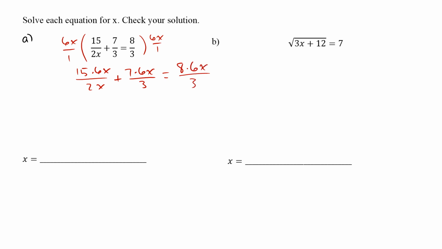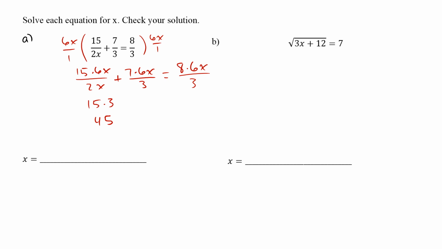So now that I can see visually that I indeed did put a factor of 6 times x in every single one of those fractions, I'm going to look at these and clean them up. For example, the first term, 6 divided by 2 is 3, and x over x is equal to 1. So I end up with 15 times 3, which is 45.